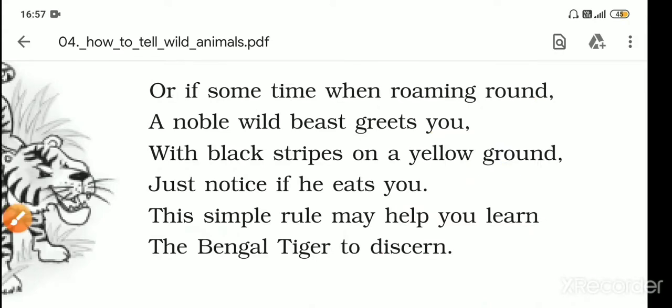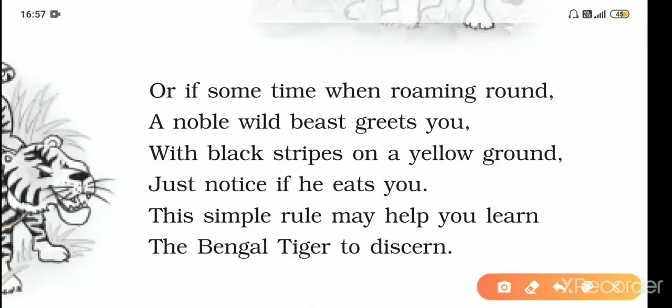So, this is what is the rhyme scheme. Now, alliteration, the repetition of the consonant sound R, that is roaming and round. So, this is what is alliteration. Now, inversion: "the Bengal tiger to discern" is inversion here.